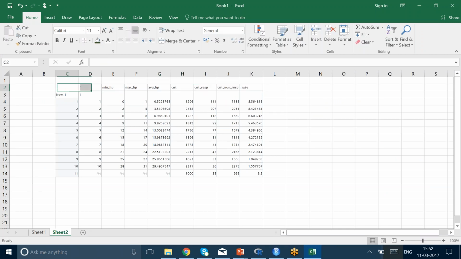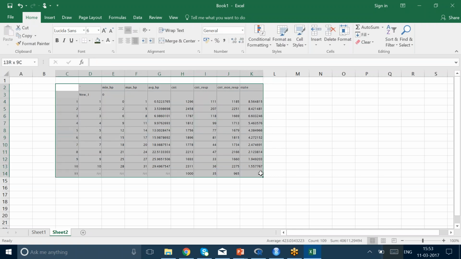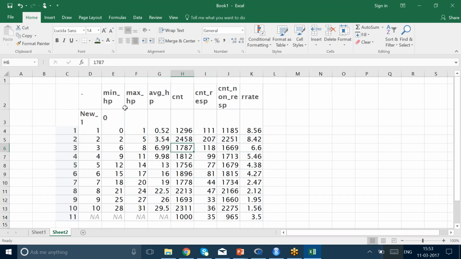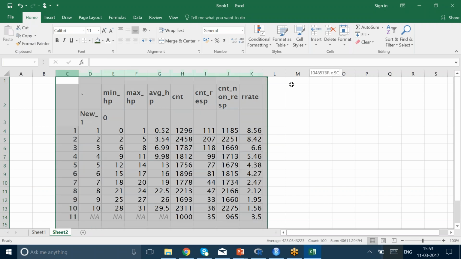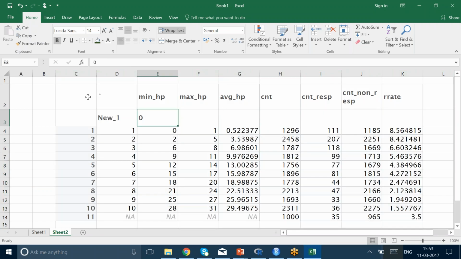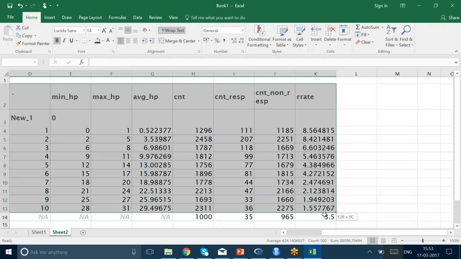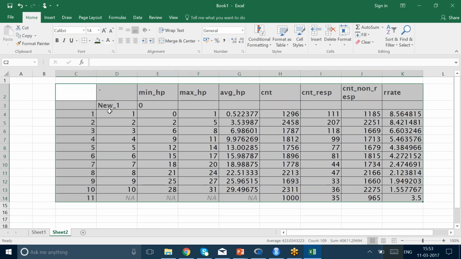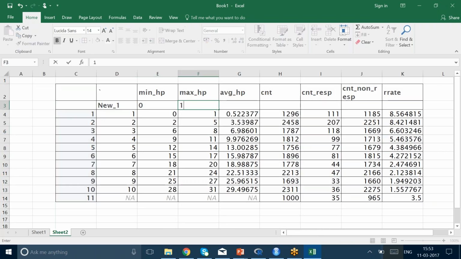These are the headers. So this is new one. This decile, let me increase the font size also. So this would have become like this.